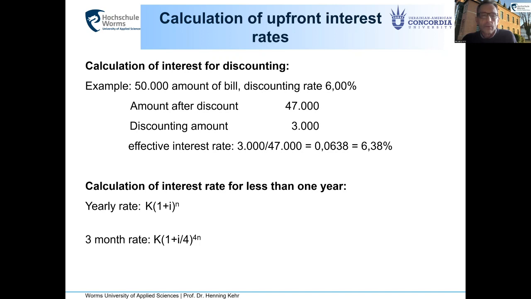If you now want to know the effective interest rate, you have to compare the interest of 3,000 to the credit of 47,000. And you see here, it's 6.38% in comparison to 6.00% if you pay after 1 year.